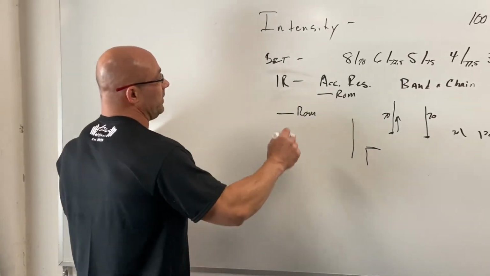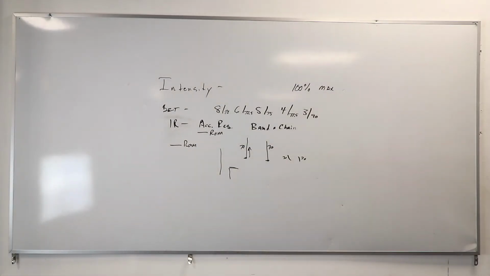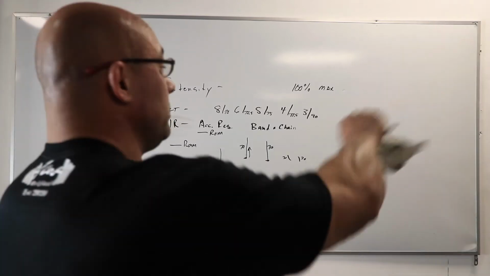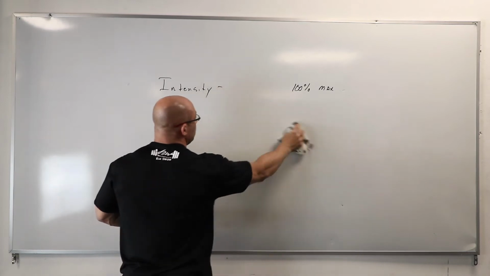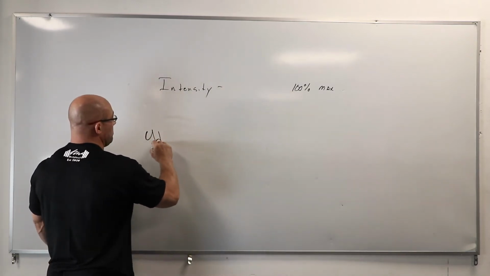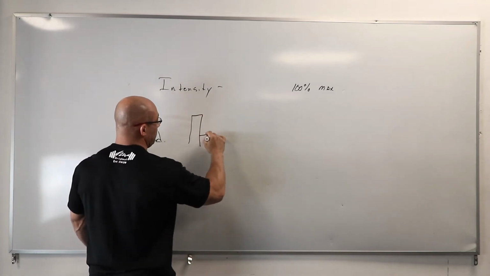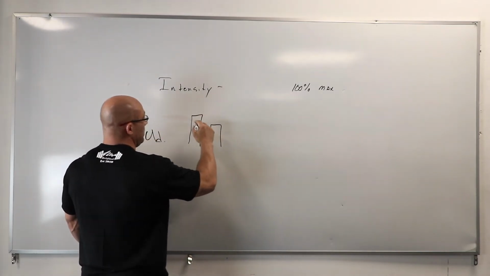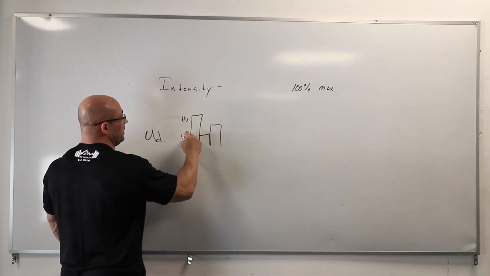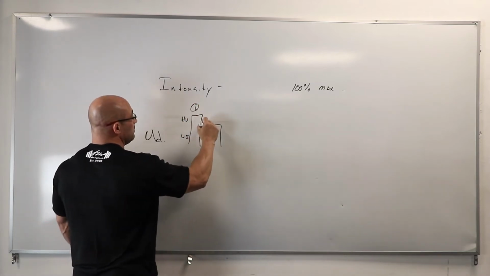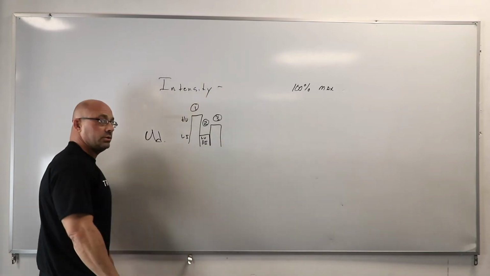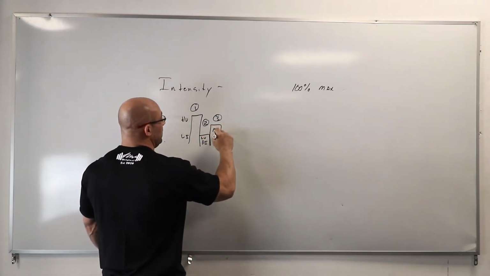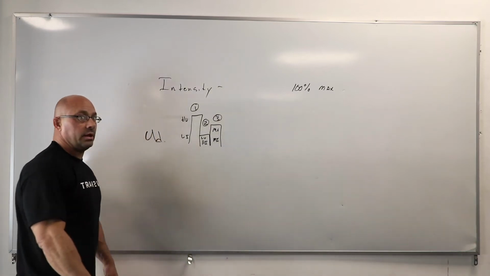Now, intensity can also be fluctuated in an undulating way. Weekly, what we would call undulated: high volume, low intensity on day 1, low volume, high intensity, day 2, medium volume, medium intensity, day 3.